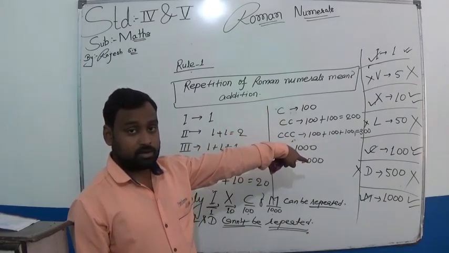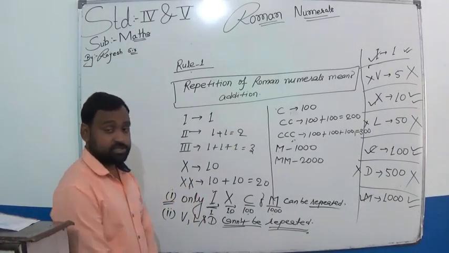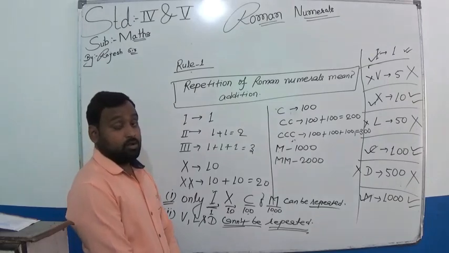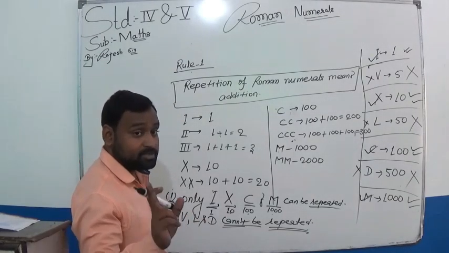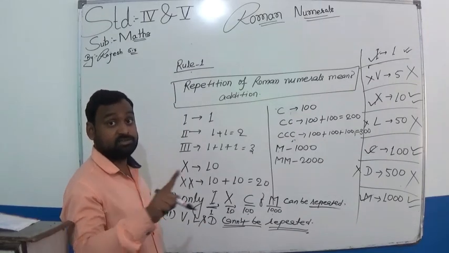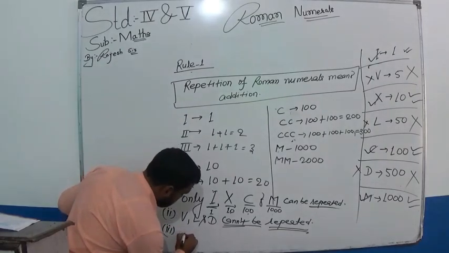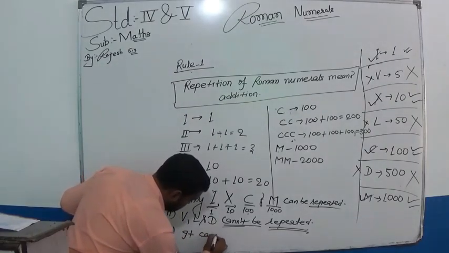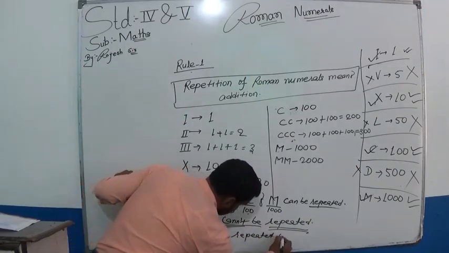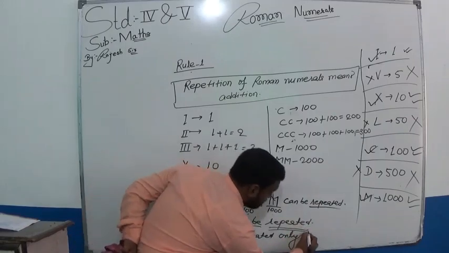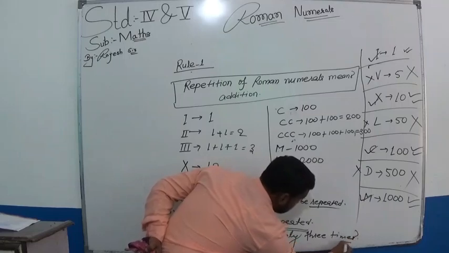Okay. Now, the third caution says a Roman numeral can be repeated only 3 times.